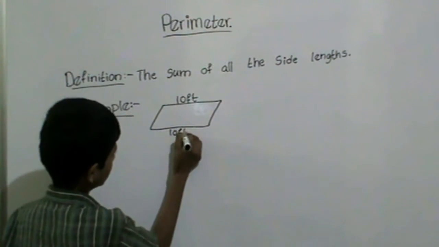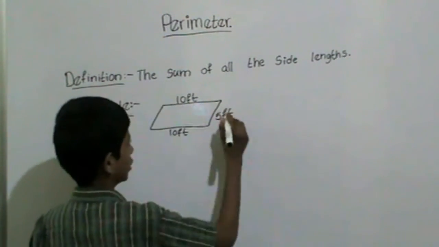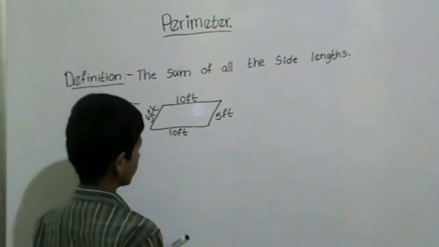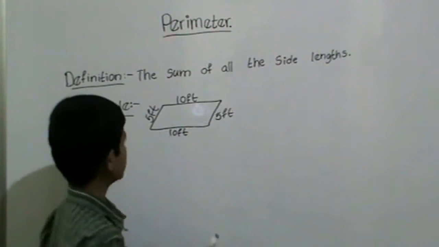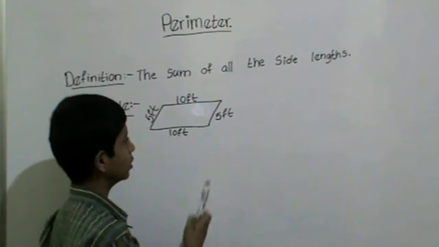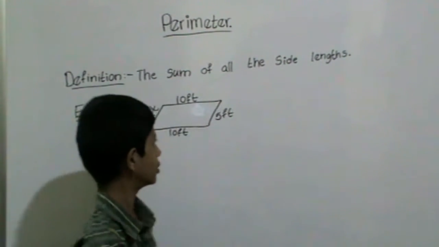This also measures 10 feet. This measures 5 feet. And this also measures 5 feet. Now if you see, for this parallelogram, the opposite sides measure equal. In fact, for any parallelogram, the opposite sides are equal.